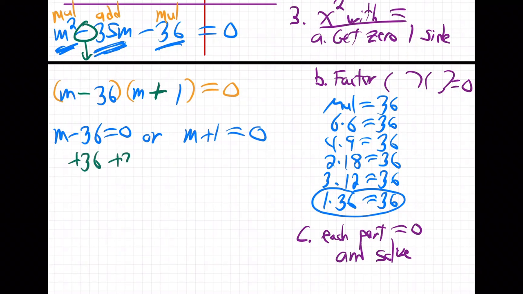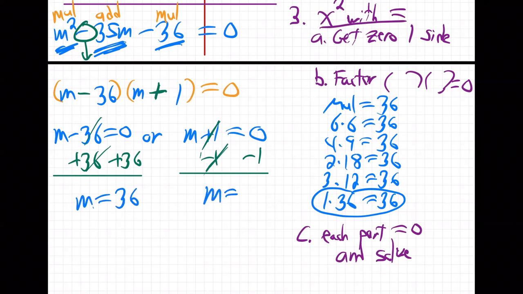Oh, by the way, why can I do that? Well, because you know the logic, right? Let me finish this up first. Boom, boom, and boom, boom. So I'm getting m equals 36 or m equals negative 1.